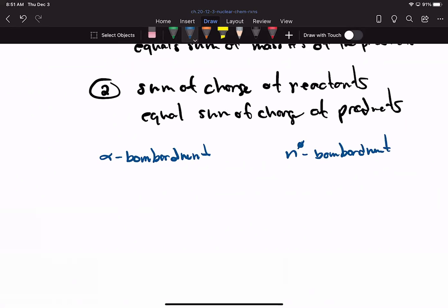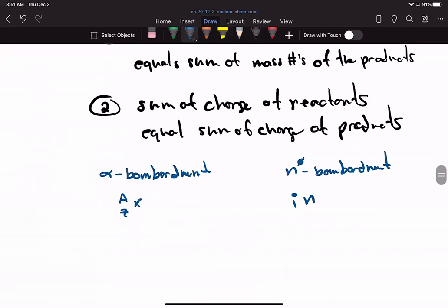So for alpha bombardment, and remember our alpha particle and how we use that. So neutron, this is going to represent neutron, in our alpha. We can just simply use a Z, X here to represent that particular reactant or product here.